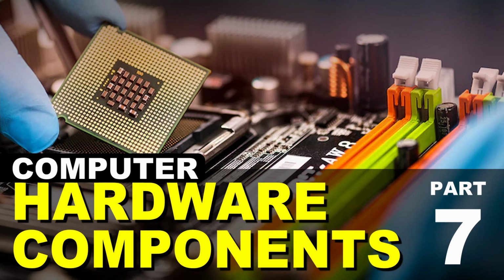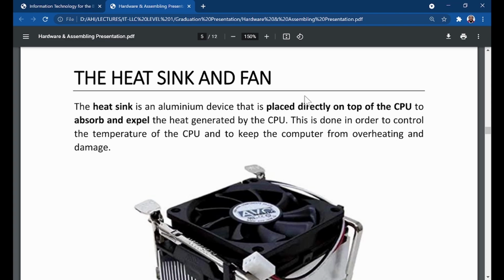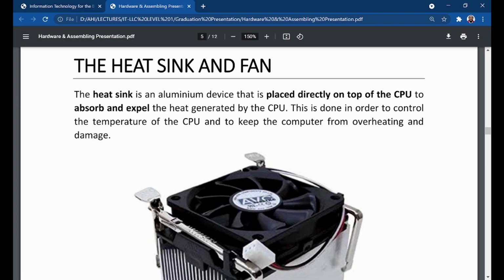Today we want to continue with our studies on computer hardware, and we'll be looking at the heatsink and fan. It says that the heatsink is an aluminum device that is placed directly on top of the CPU. So we know the heatsink is placed directly on top of the CPU.